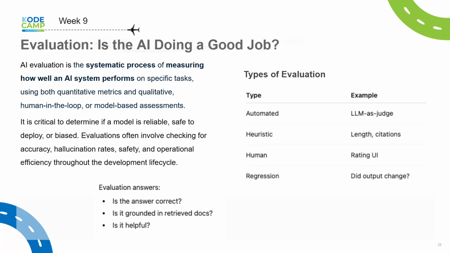The most important thing with evaluation is you must be able to determine if the model is reliable, if it is safe for you to deploy, if it has any biases or not. You also want to check whether there are hallucinations, check for accuracy, safety, guardrails.